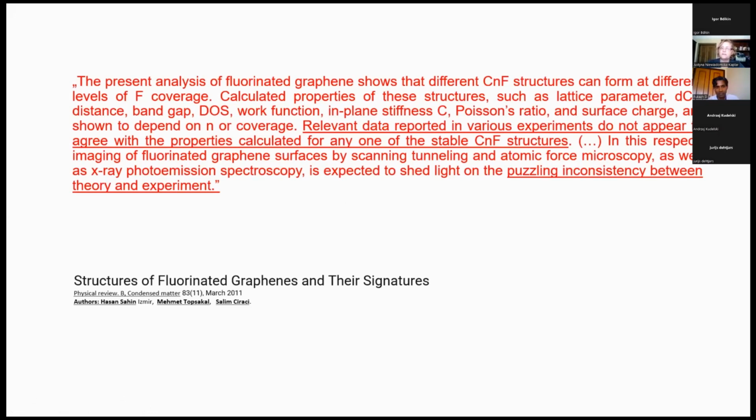In this respect, imaging of fluorinated graphene surfaces by scanning tunneling and atomic force microscopy, as well as X-ray photoemission spectroscopy, is expected to shed light on the puzzling inconsistency between theory and experiment. So the authors propose the use of imaging techniques, therefore experimental techniques, to understand the inconsistency between theory and experimental data. In this presentation, on the other hand, a verification of the theoretical contribution is proposed.